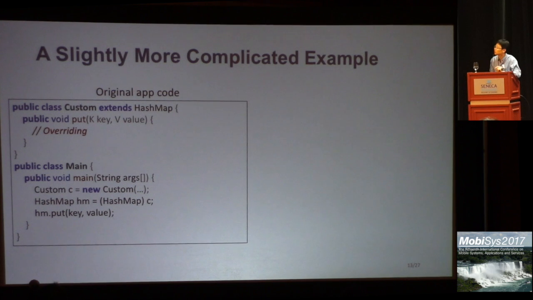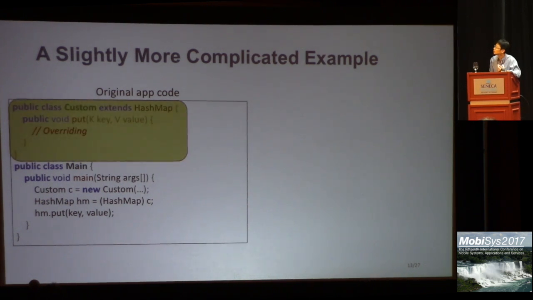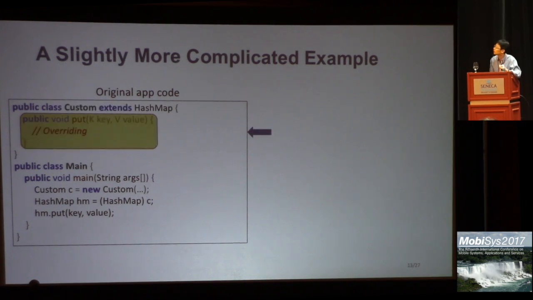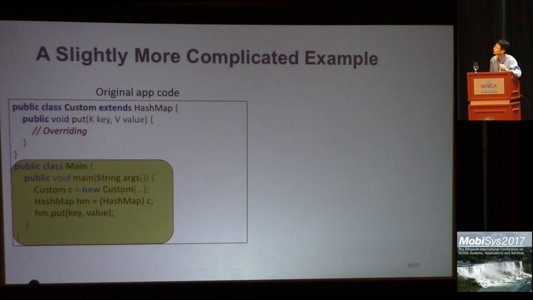I will explain the reason why method replacement does not work with a slightly more complicated example. In this code, there are two classes, Custom and Main. Let's first take a look at class Custom. It is a subclass of HashMap, so it extends HashMap. It also overrides the put method here. Now let's take a look at class Main.